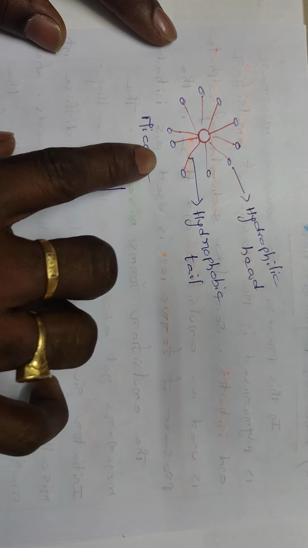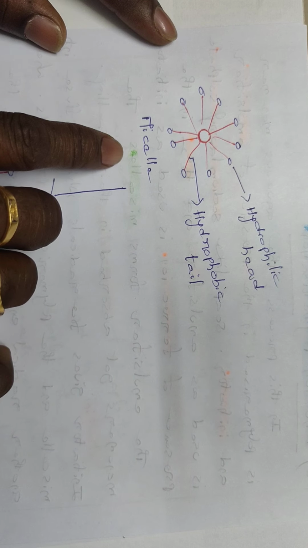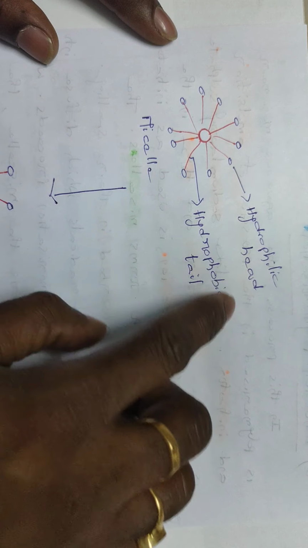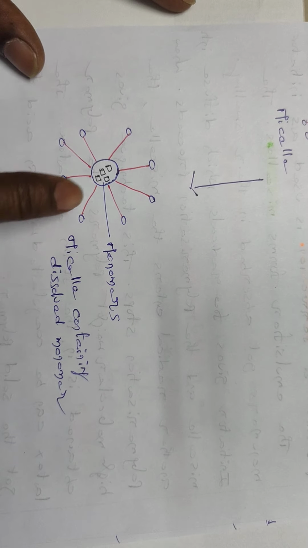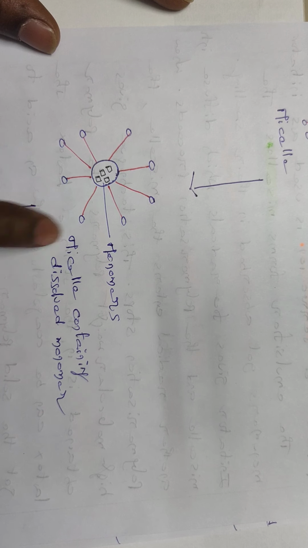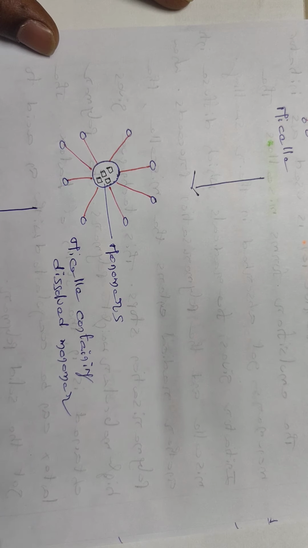If you see here, the monomer, because of adding emulsifier, forms micelles. The monomers get absorbed in them, swelling them. Micelle containing dissolved monomer.